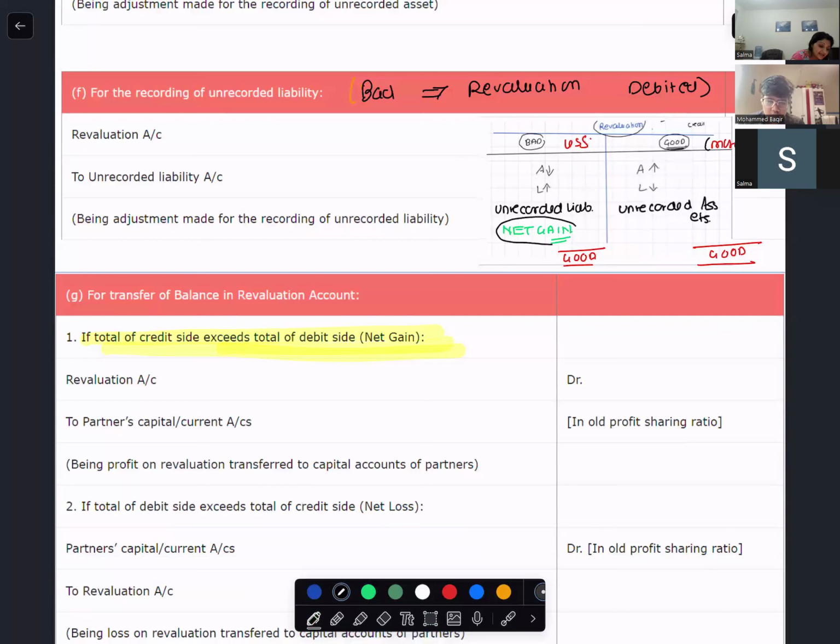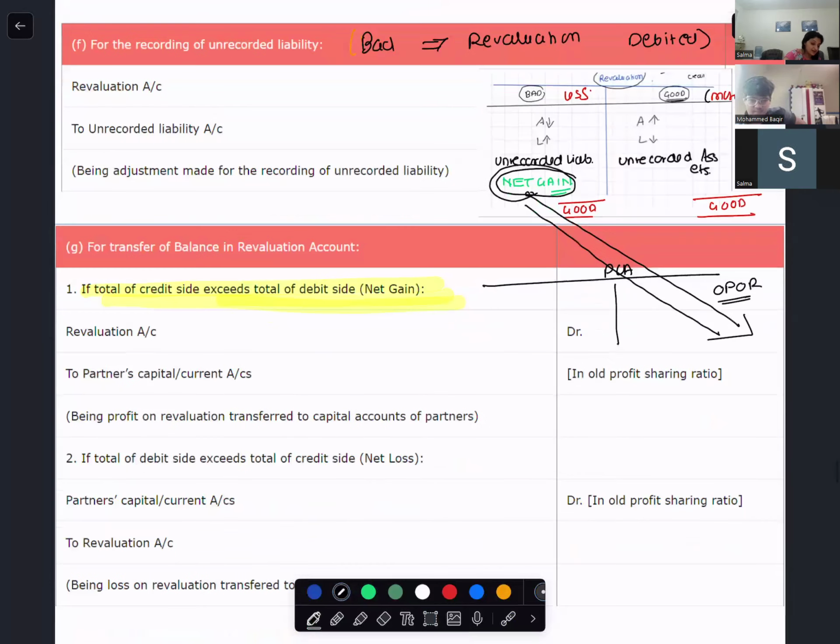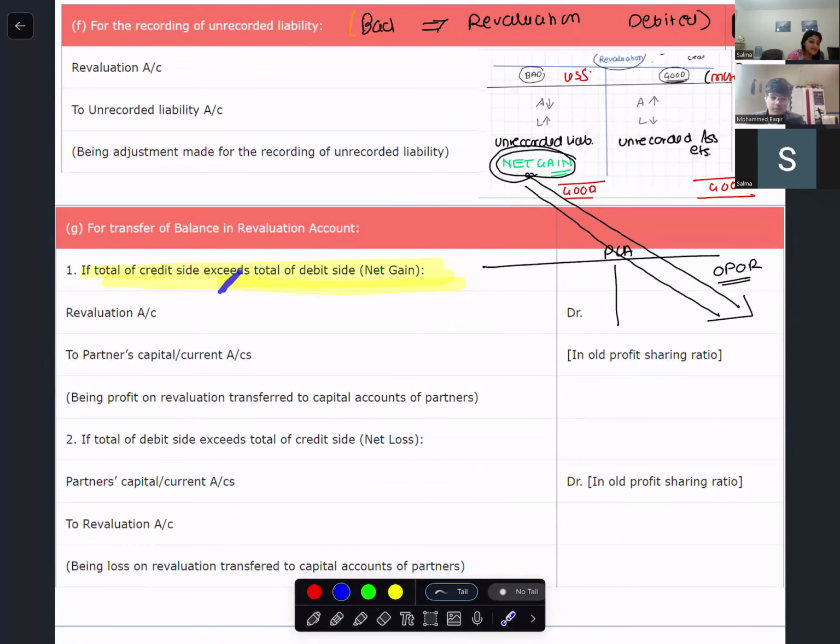So if the credit side is more and the debit side is less, what you get is the net gain.